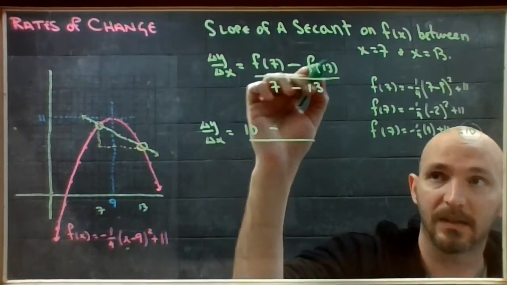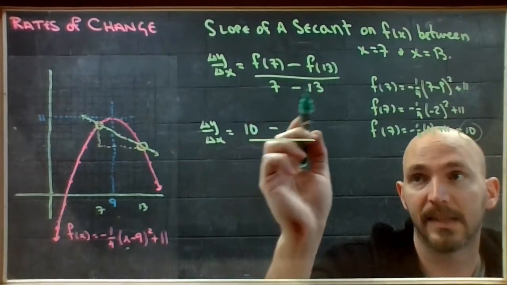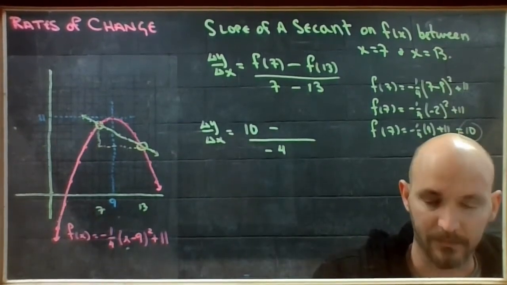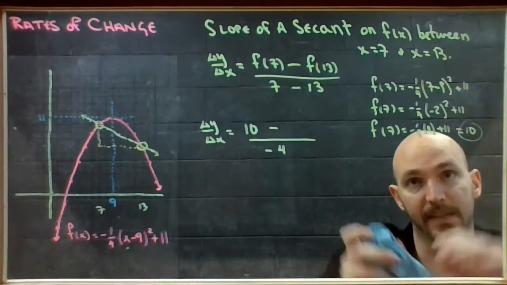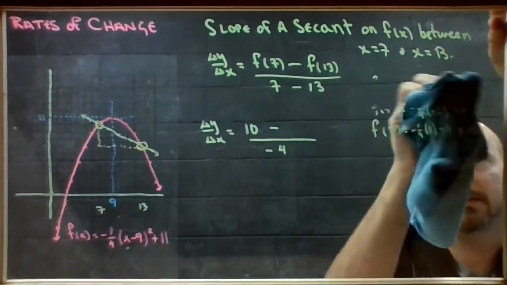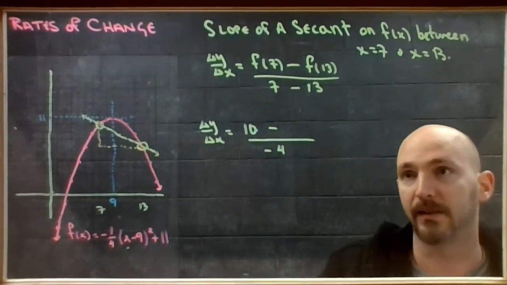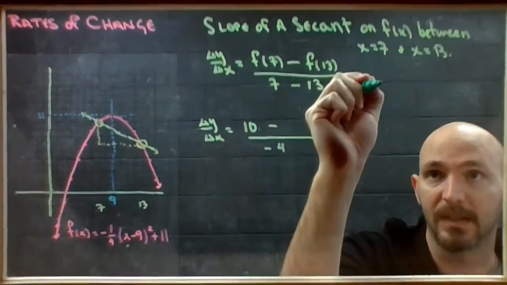Now I still need to evaluate this thing. 7 minus 13 is -4. I'm just going to erase this then. And I need to get the function at 13.